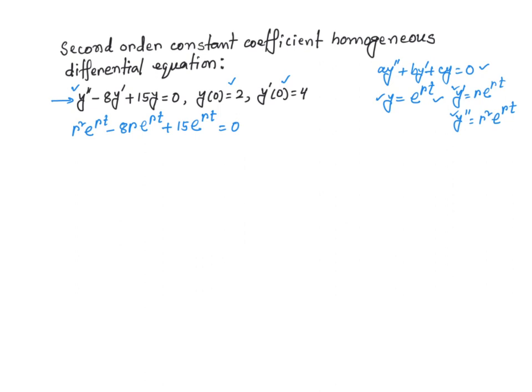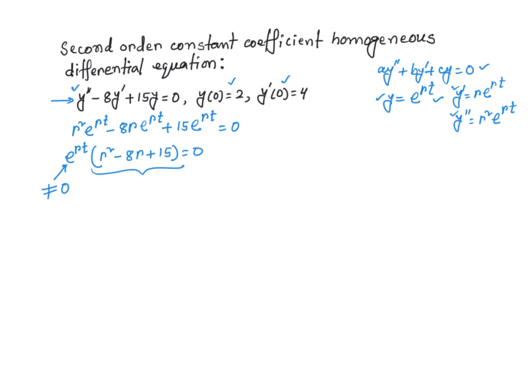If I factor out e to the power rt, it is going to be r squared minus 8r plus 15 is equal to 0. Since e to the power rt is not equal to 0, then it must be the case that this is equal to 0.